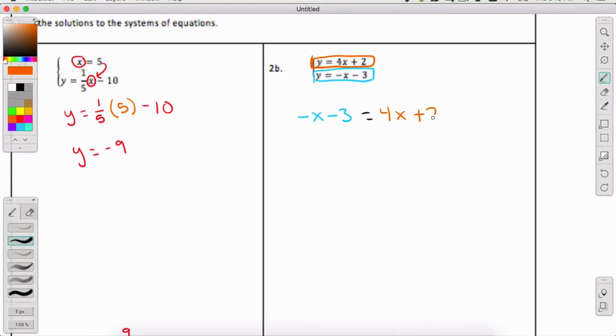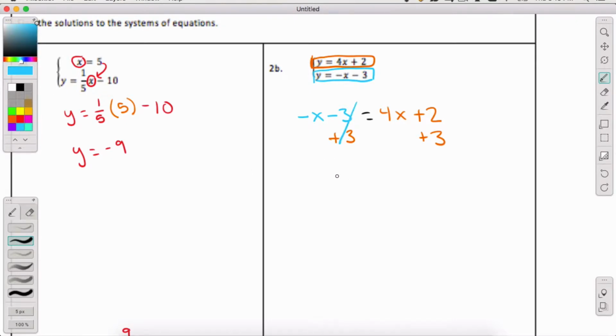Alright, now all I'm going to do is solve for x. I'm going to do that by making 0 and making 1. So I'm going to move my -3 over to my 2. I'm going to do the opposite of the sign, so plus 3 on both sides.